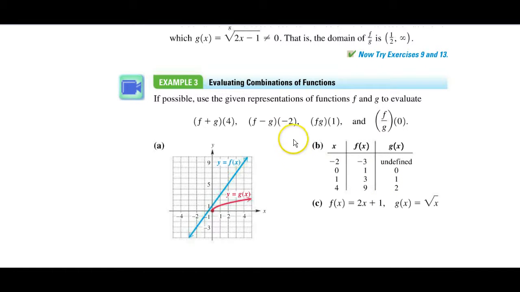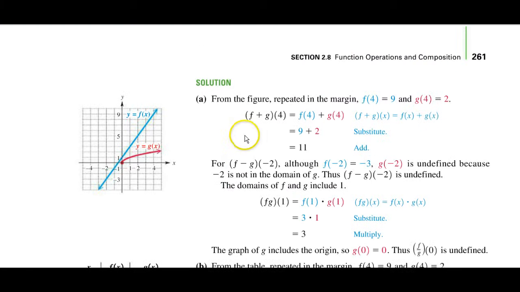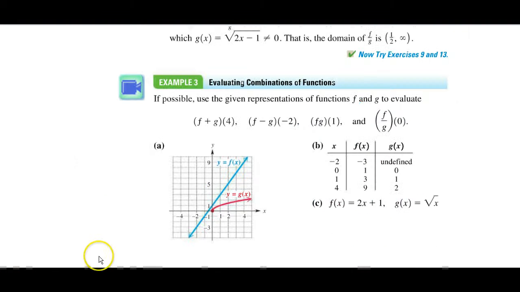Now, if you have your book, of course, you can just go ahead. We have to move to the next slide. And when we add our f function to our g function, we get the result 11. All right, let's go back.